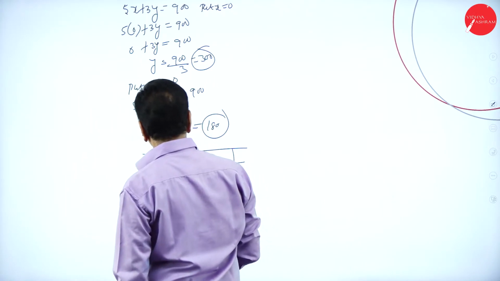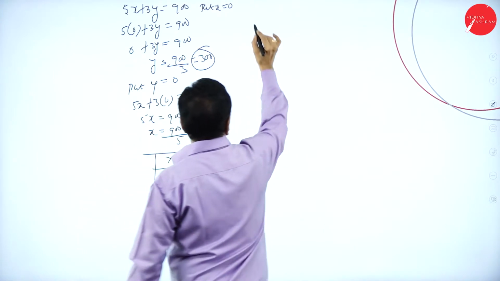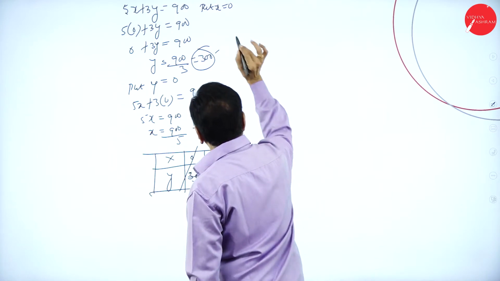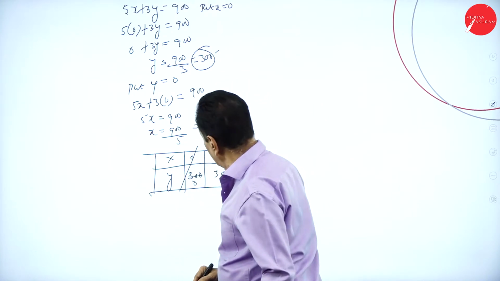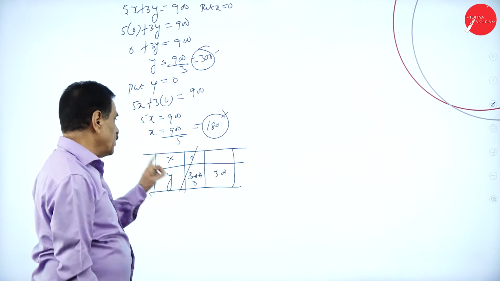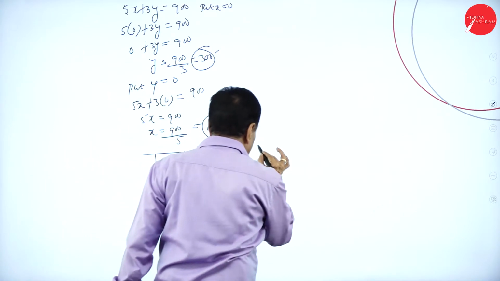Then in the second equation, y value is 300, x value is 180.